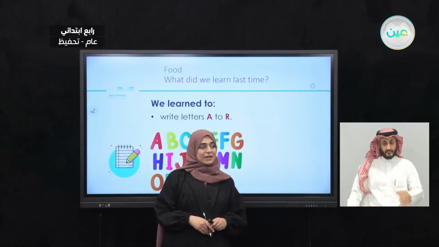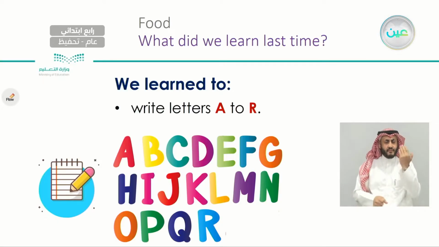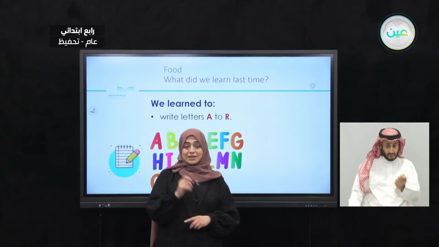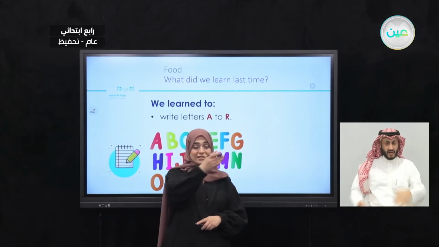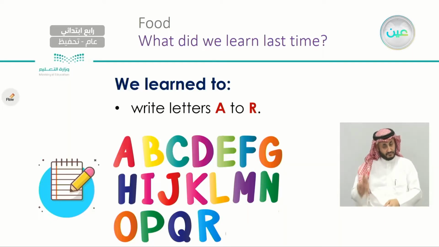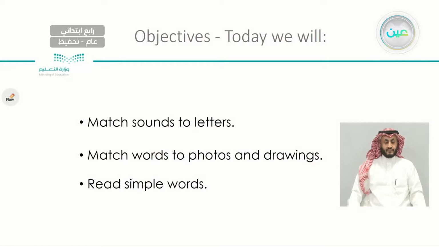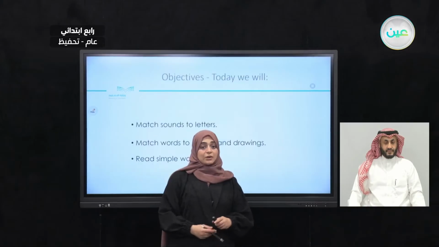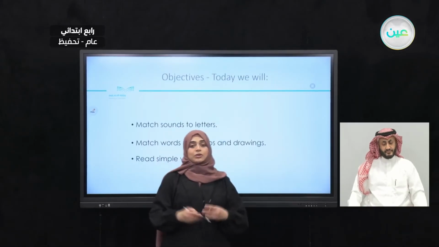Also, what did we do last time? We learned to write. So we always go back and review what we took at the beginning. So we learned how to write the alphabet, uppercase A to, what's the last letter? A to R. Okay. A to R.